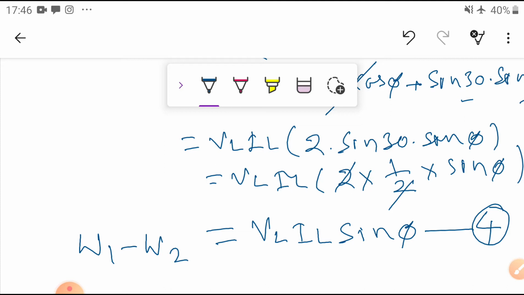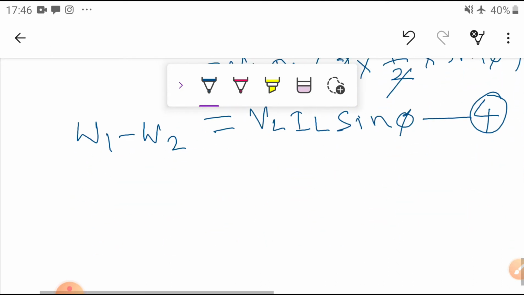Okay, this we got, the third and fourth equation. Now I want the power factor and the phase angle between these two. Phi is required. I am going to calculate it in terms of the wattmeter readings. I want the phase angle in terms of wattmeters. So please take it: divide the fourth equation by the third equation.